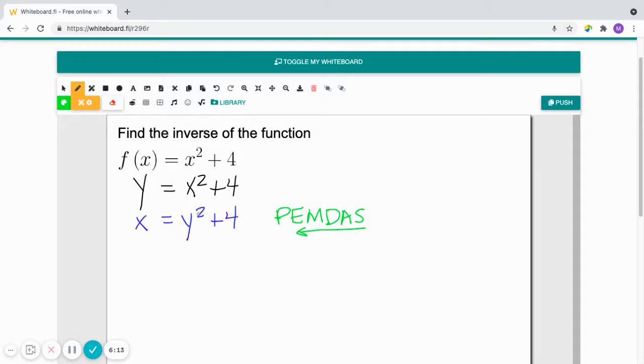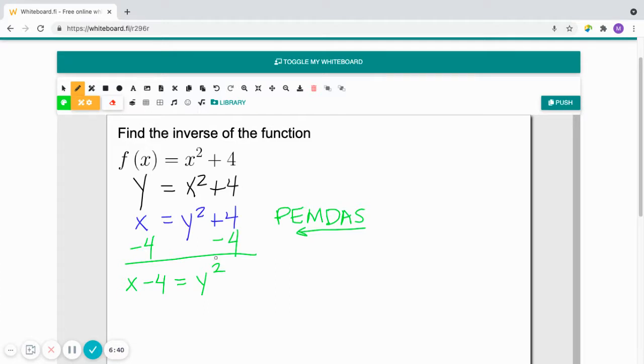That's the exponent that is going to come after doing anything adding or subtracting. So it is being added to 4. So I take that 4 away so that it doesn't have plus 4 anymore. So then I'm going to have x minus 4 equals y squared.